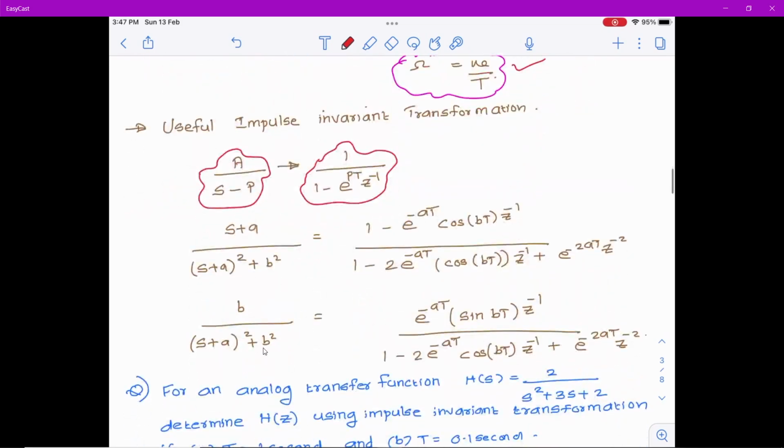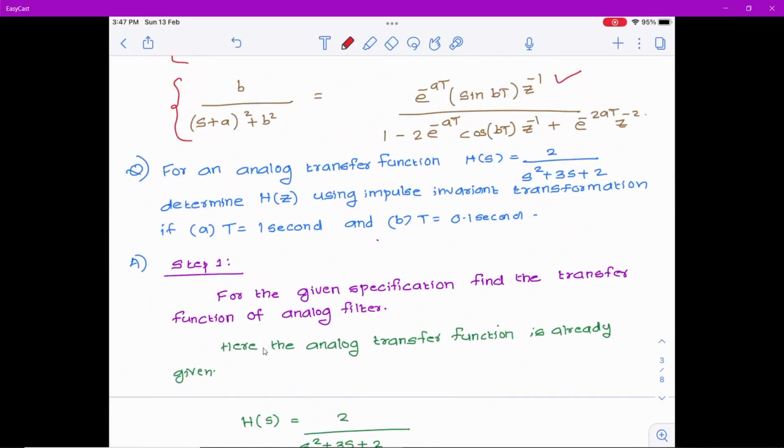Similarly, if the Laplace transfer function is of this form, you just substitute it with this expression. Similarly, if it is of this form, you substitute it with this expression. That's all. To show you how this is done, let us do a problem.